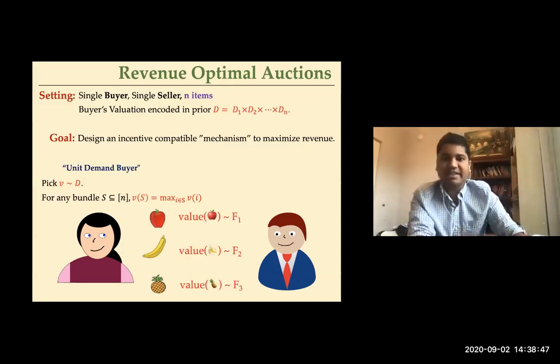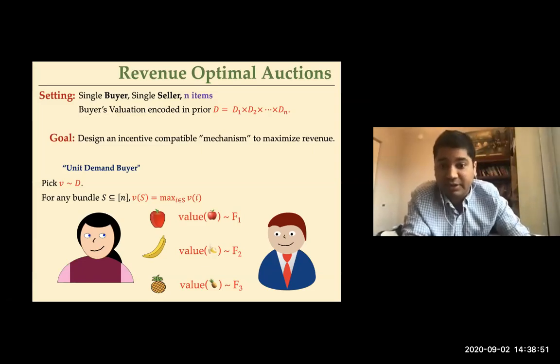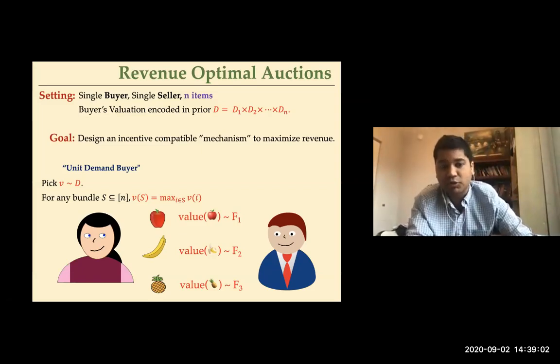We are going to be interested in the case of multiple items. So we're going to be interested in the case where the seller has n different items to sell. Okay. Now in this case, again following Myerson, and again because things get very complicated if you don't assume this, we're going to assume that the prior knowledge of the buyer's value that we have is a product distribution over each of the n possible items.